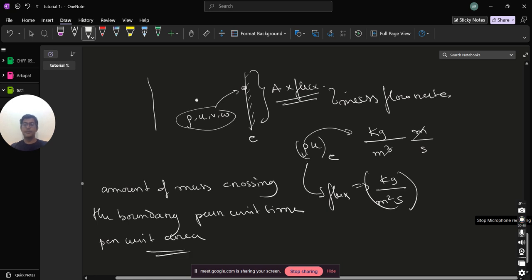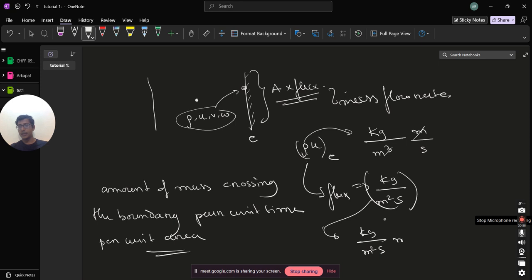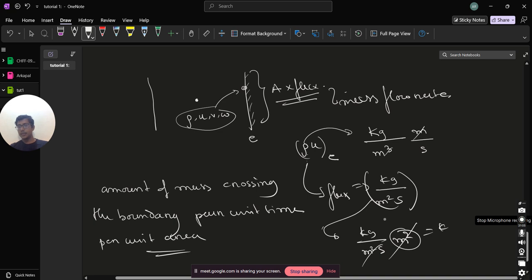Okay, and what will happen if we multiply this flux with the area? We get kg per meter square per second, and meter square is the area part, the dimension of the area. We get kg per second. So we will now get what is the flux here.